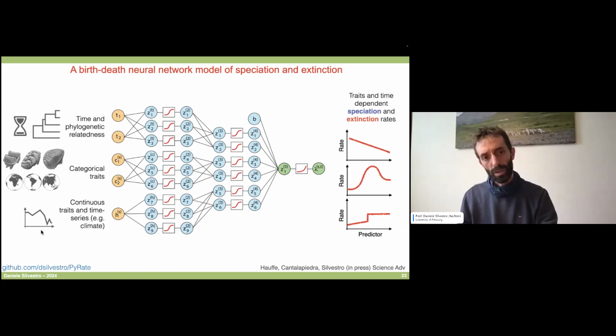So we can use a number of predictors here that we think are relevant. And these predictors will feed into a neural network. And the output of this neural network will be a species-specific, time-specific speciation rate or extinction rate.